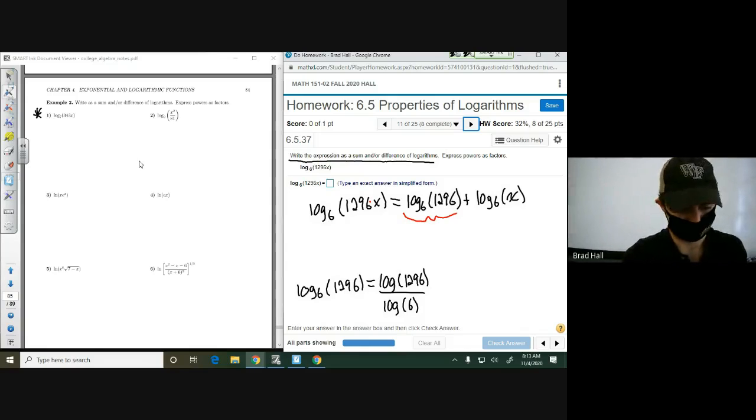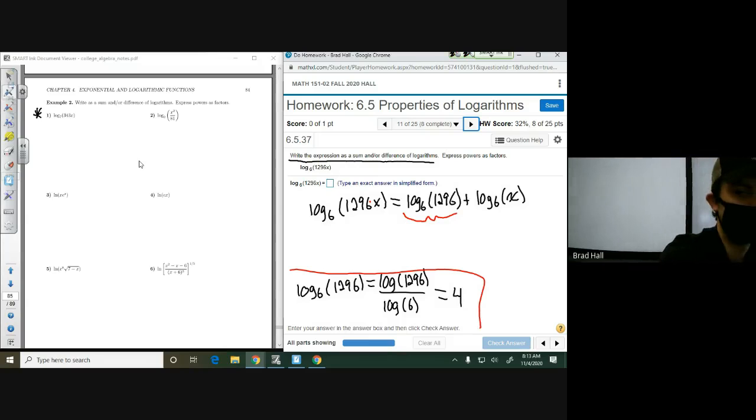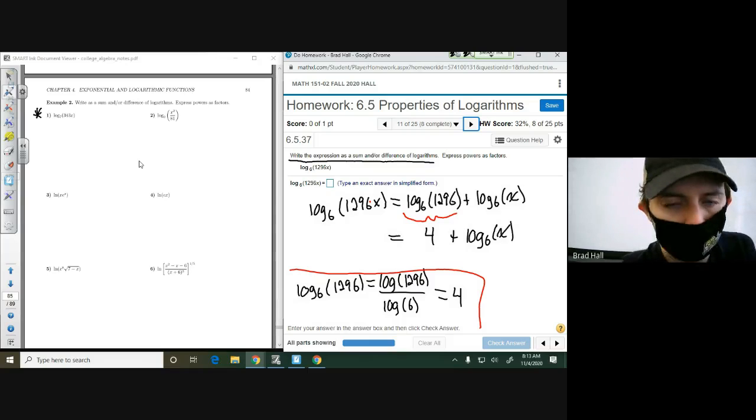And let's see what that looks like in the calculator. Log of 1296 divided by log of 6. And I get 4. So it does simplify very nicely. So this is scratch work off to the side. And now we can simplify this as 4 plus log base 6 of x.